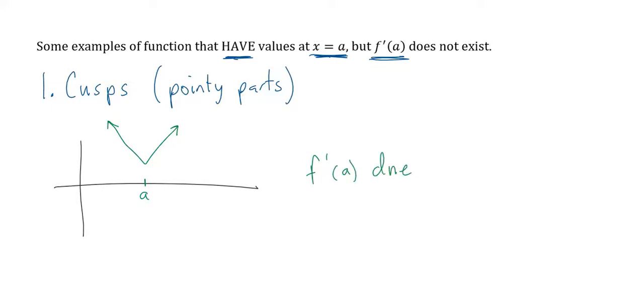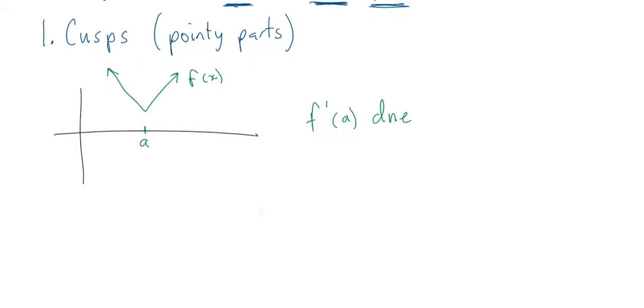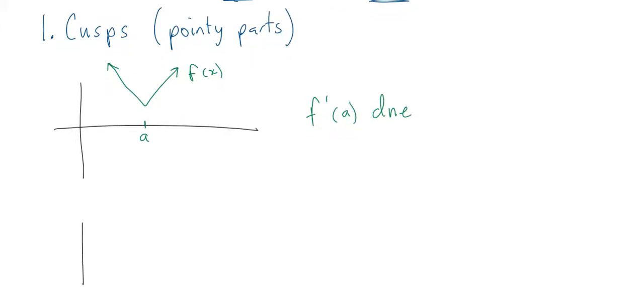Okay? Another one that is a cusp looks like this. It curves and points and then curves off again. So different from a smooth curve that you might see in a quartic function. It's not like that. I'm going to draw this again because that wasn't very good. It's more of a hard turn.